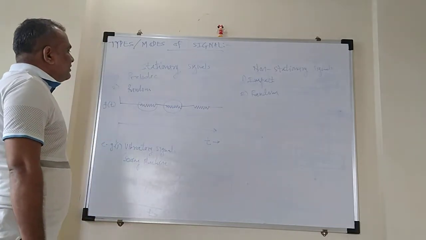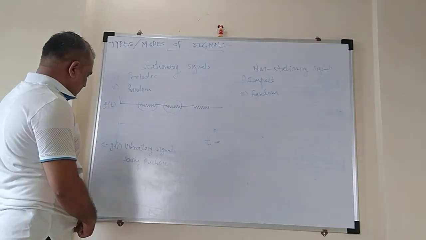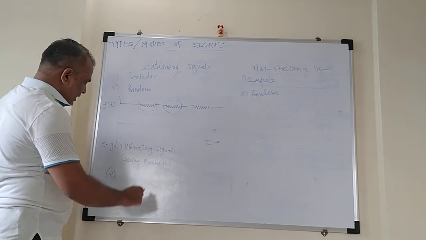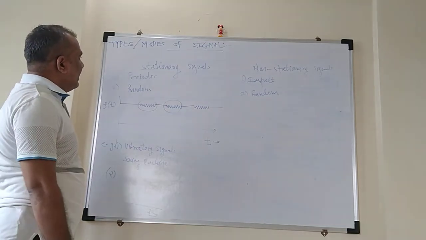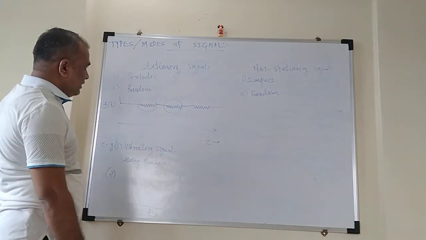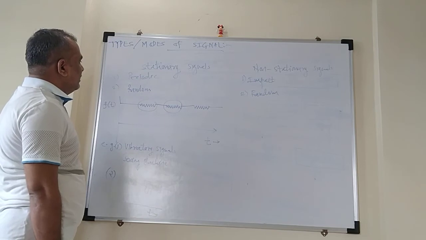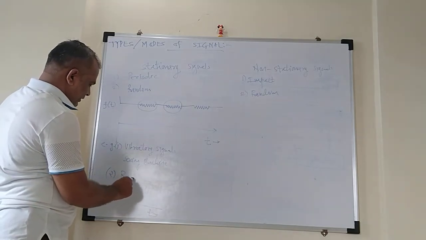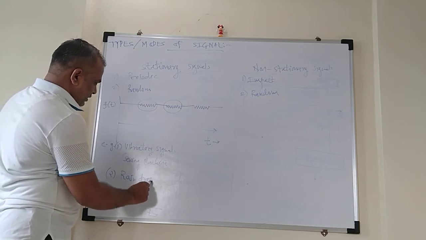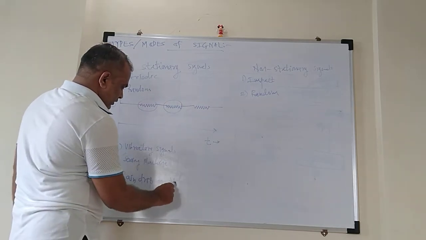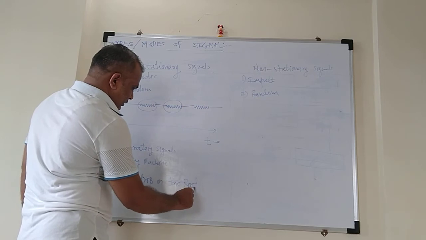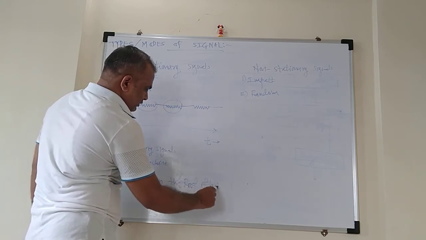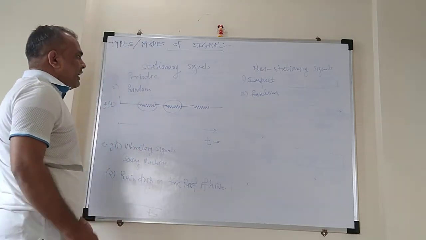Now what do we mean by random signals? The second example is a random signal, and the example of a random signal is a raindrop on the roof of a house.